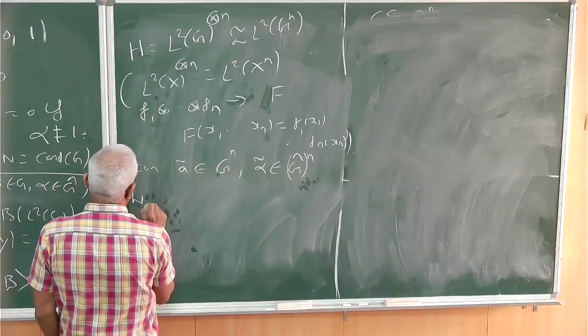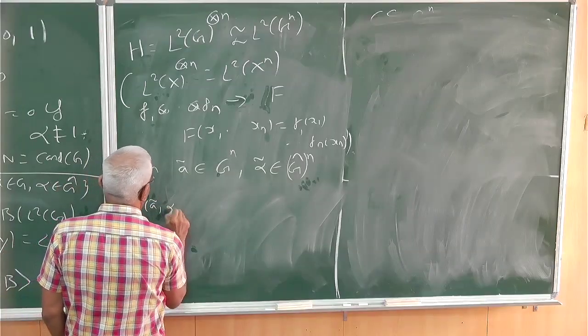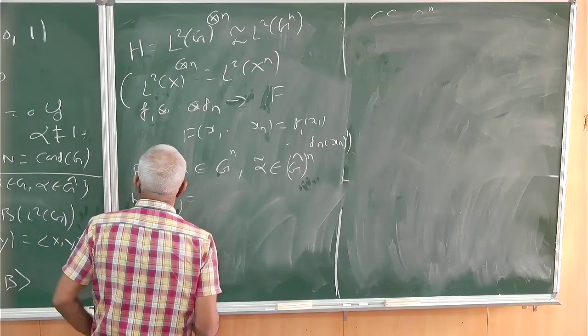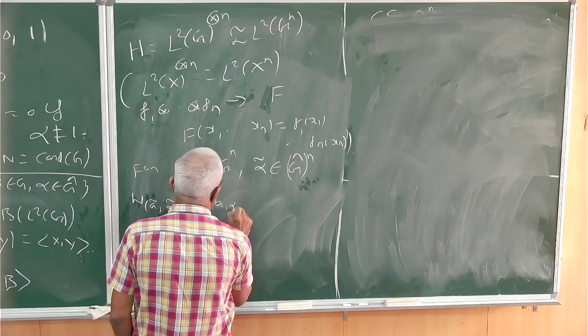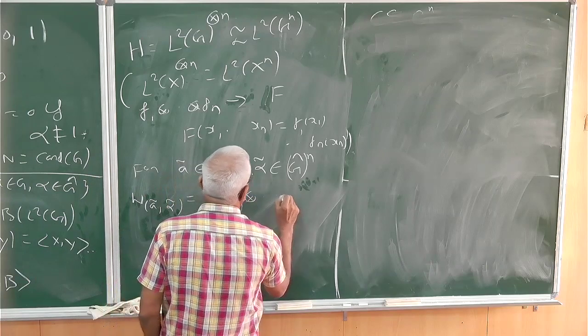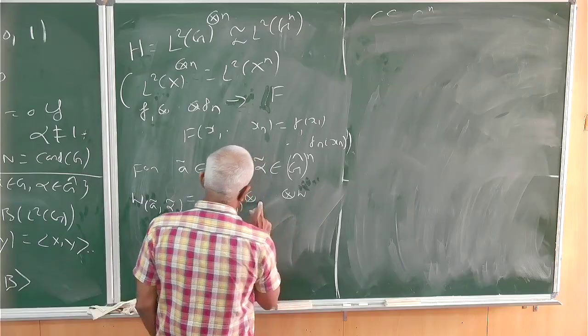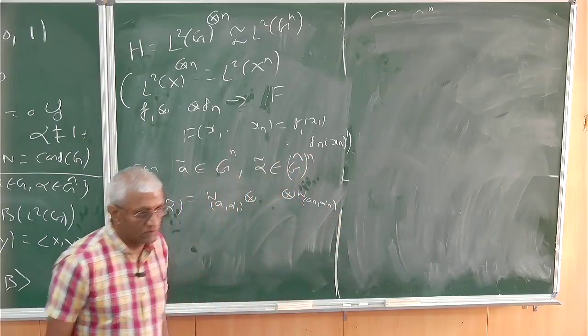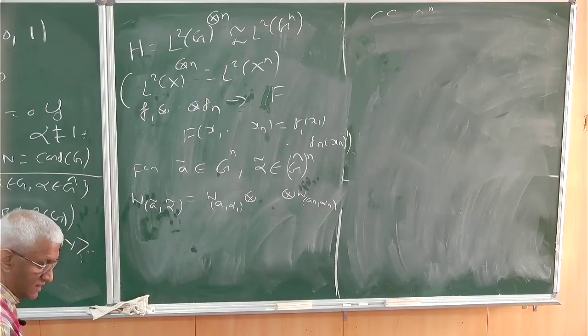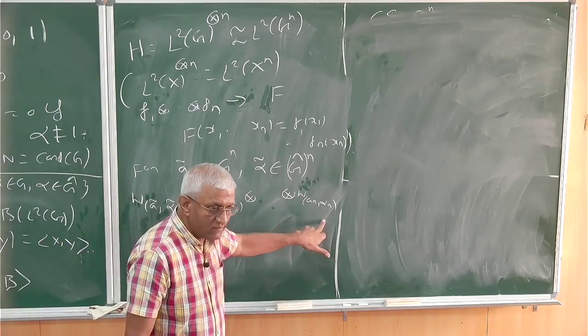You can define W of A tilde alpha tilde equal to W of A1 alpha 1 tensor up to W of An alpha n. Here there are n of them.